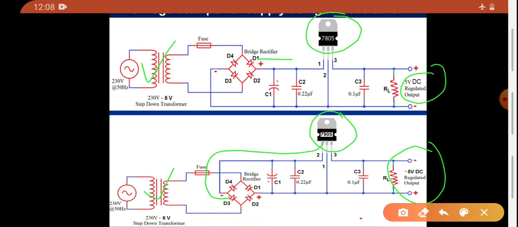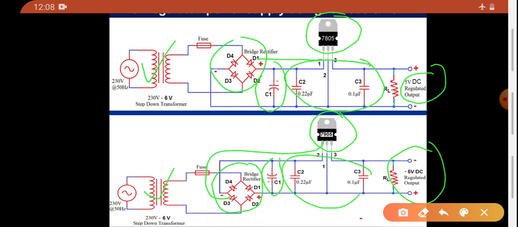Here the positive terminal is connected to pin number 1, the input pin of the IC. So the input pin is number 1 in case of 7805, and the input pin is 2 in case of 7905, to which negative input is applied. The rectifier is as usual, and the filter is there in both circuits. These two capacitors C2 and C3 along with the IC have the same value.